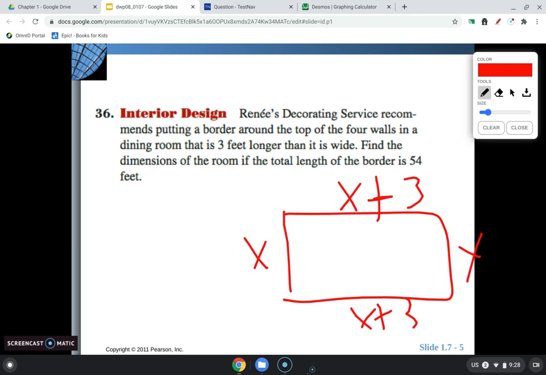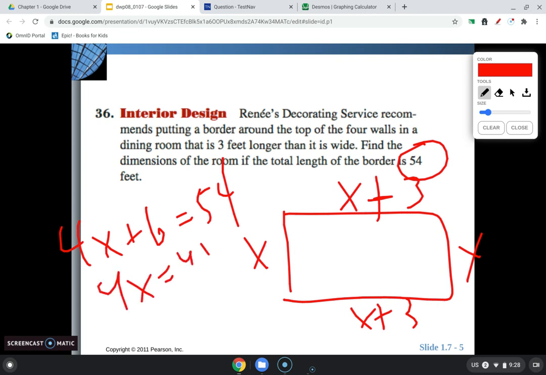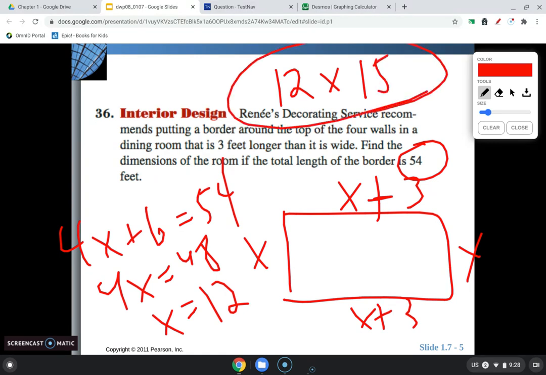So we want the perimeter to be 54. So if I add all those sides up, that gives me 4x plus 6 equals 54. So 4x equals 48. So x equals 12. So x is 12. X plus 3 would be 15. So the dimensions of the room would be 12 by 15. Okay?